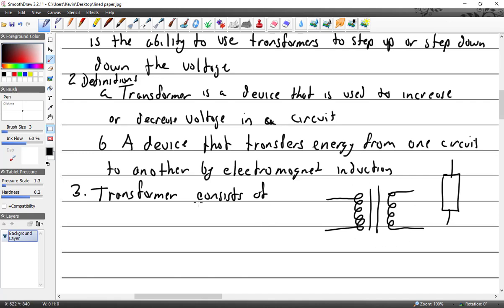So it consists of a primary winding. What's a winding? It's a coil of wire. So where's my primary winding? It depends on which side I'm looking from, but we'll call that the primary. If it's got a primary winding, it must have a secondary winding. So that'd be B.